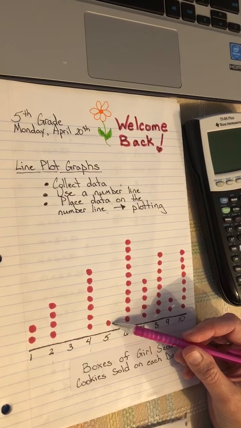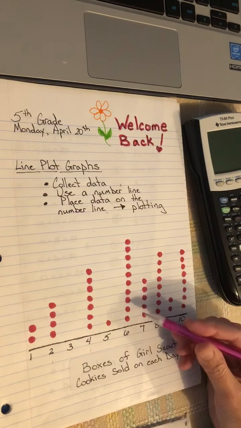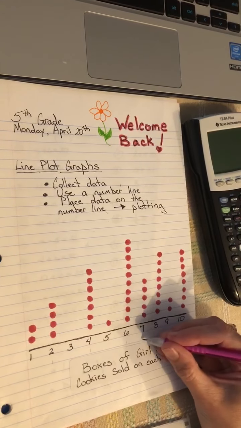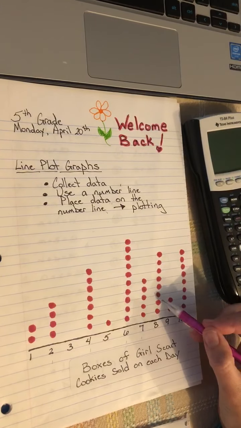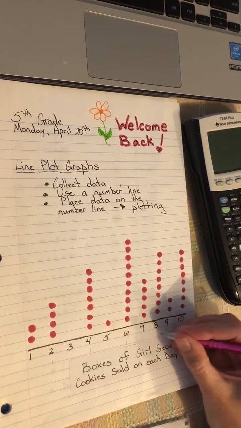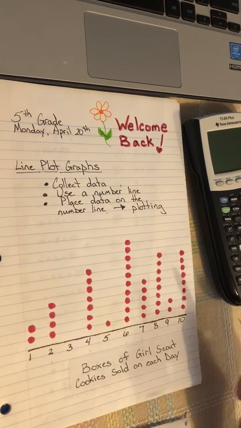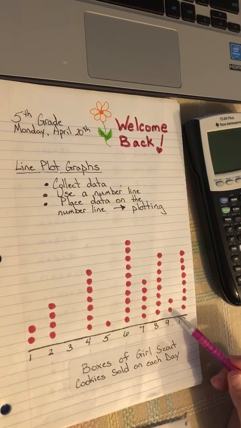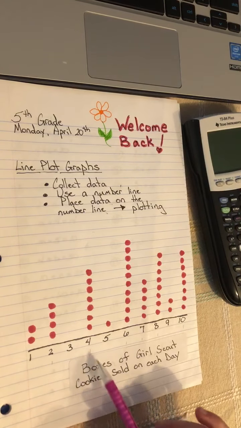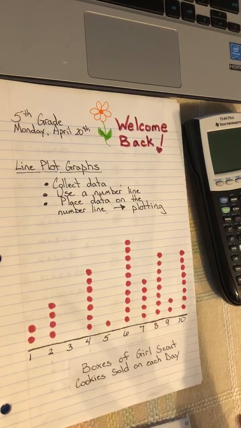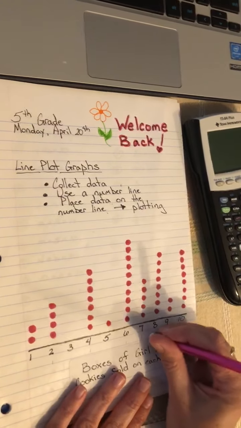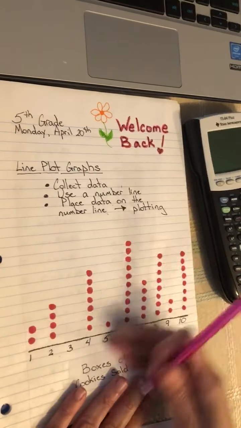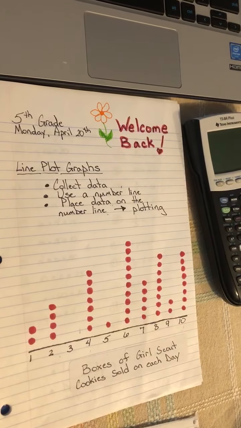Day 5, they only sold 1, so we could not include that. Day 6, they sold more than 2. Day 7, more than 2. Day 8 and day 10, they sold more than 2. We cannot include day 9 because they sold exactly 2. So that would be 1, 2, 3, 4, 5, 6. On 6 days, they sold more than 2 boxes. Okay, you will see a question very similar to that on your homework.